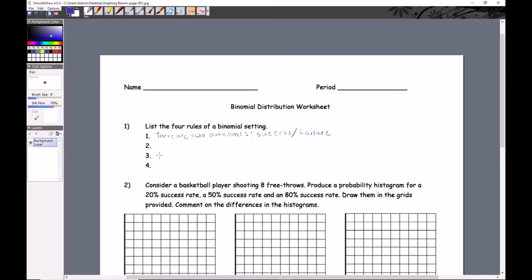Let's see, probability of success remains constant for every trial. Let's just say it is constant.